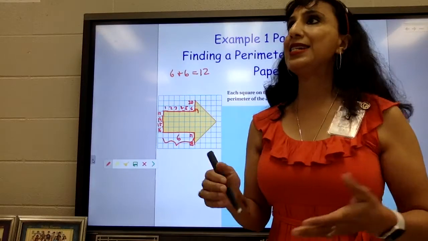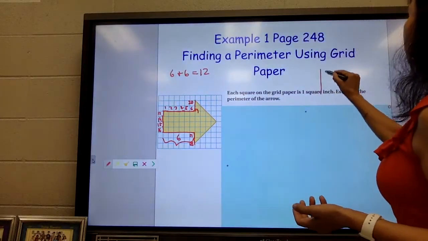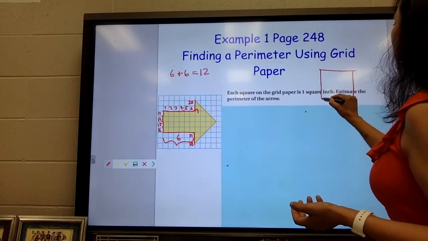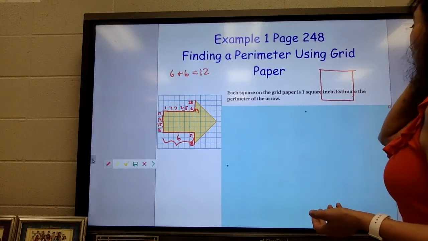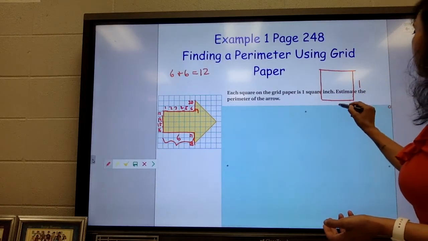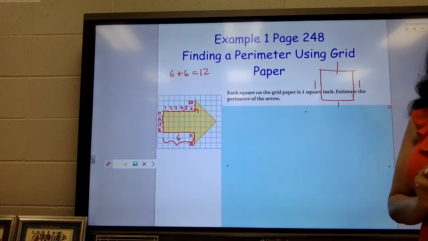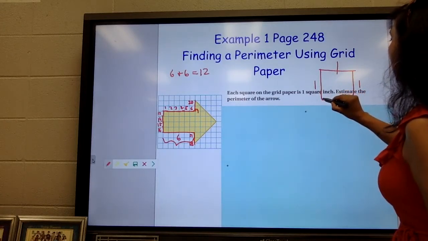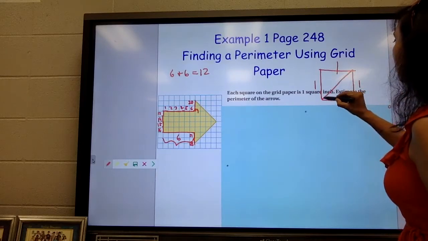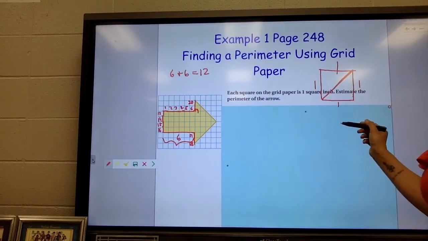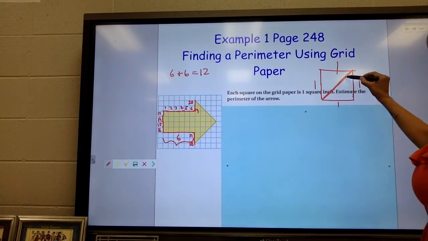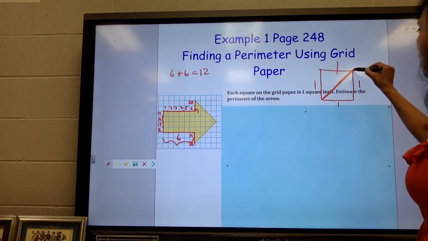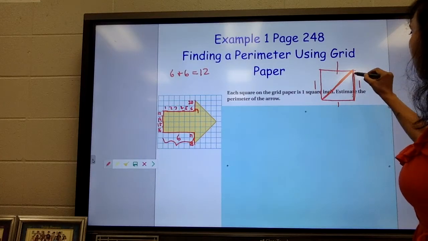Now, if I take a square or rectangle, in this case we're talking about squares, we know that this is 1 and this is 1, this is 1, this is 1. Now think about if I take the line from here to here. If you fold a paper, you will see that this line is longer than this line.